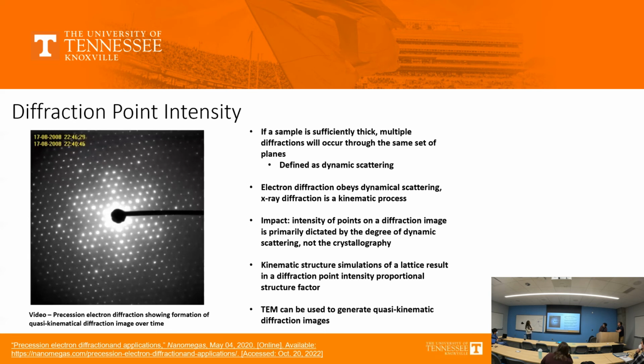So here you can see how it's gone from that dynamic condition to a lot of discrete points where now your intensity is actually starting to become proportional to the square of your structure factor. So this is one way you can operate a TEM to have somewhat kinematic scattering occurring. And this is really useful for crystallographic determination of really, really small structures, or when you have basically no idea what you're looking at and you're trying to replicate the kinematic structure.